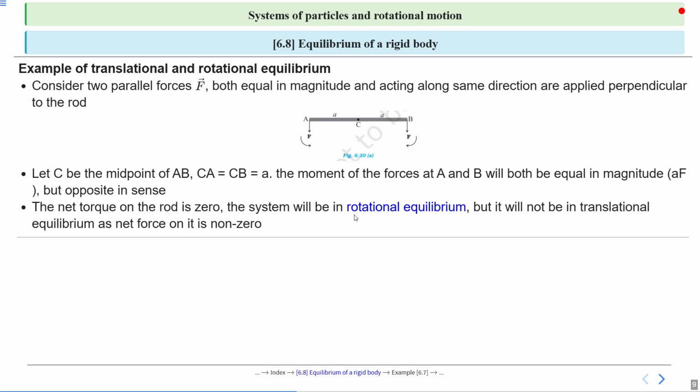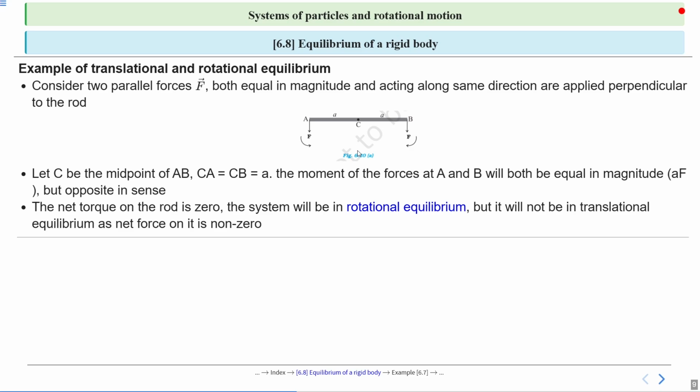What does that mean? It translates, it changes position with time, because the forces are acting at the ends of the rod. So the net force on it is non-zero.